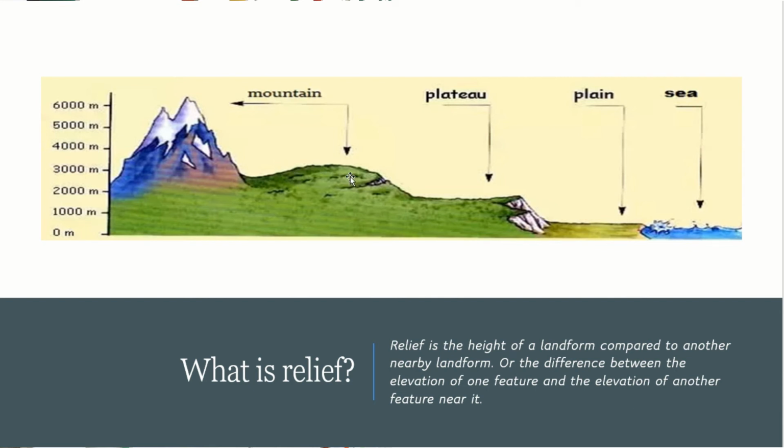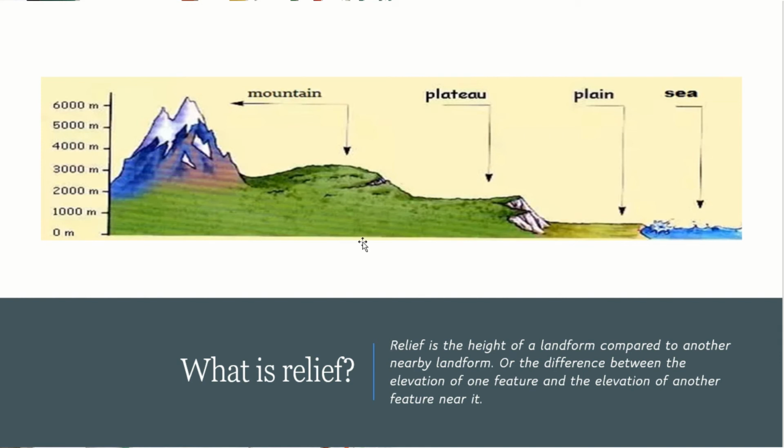If you see the difference between mountain and plateau, the mountain's height is 4,000 meters and the plateau's height is 3,000 meters. So what we have to do is subtract 3,000 from 4,000.